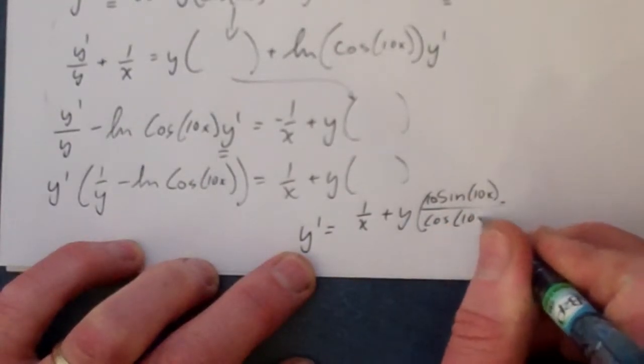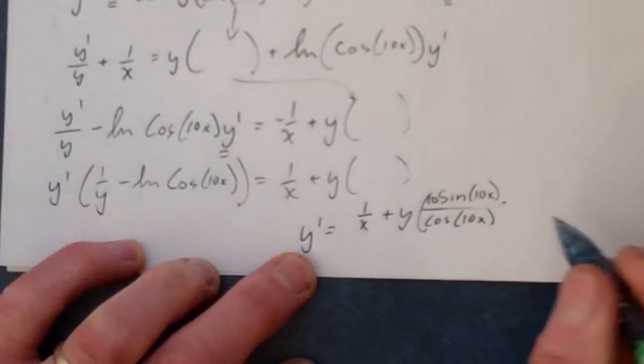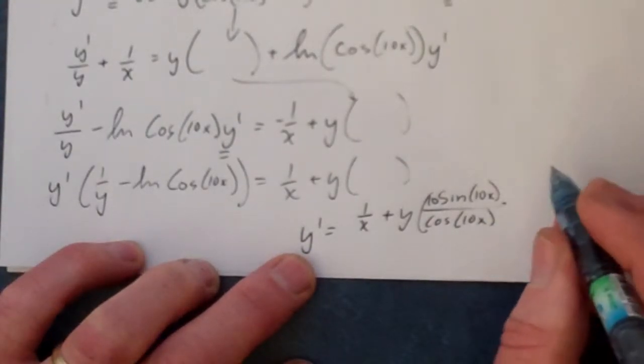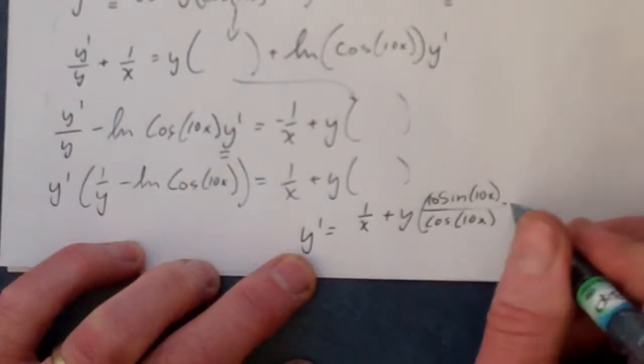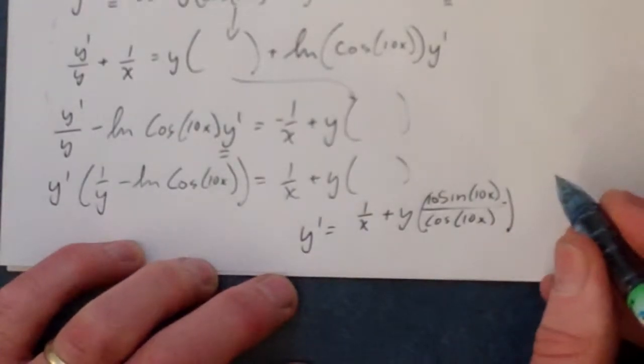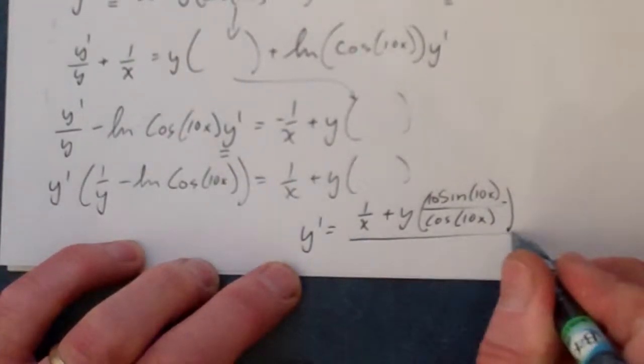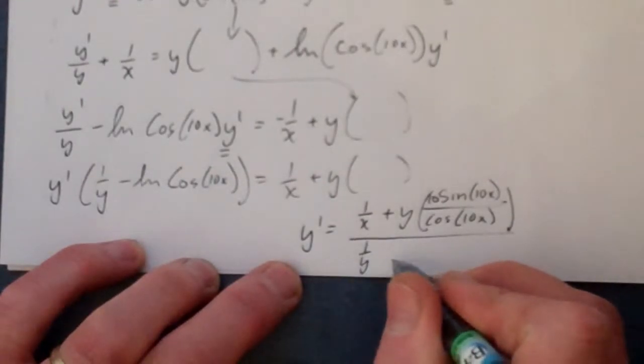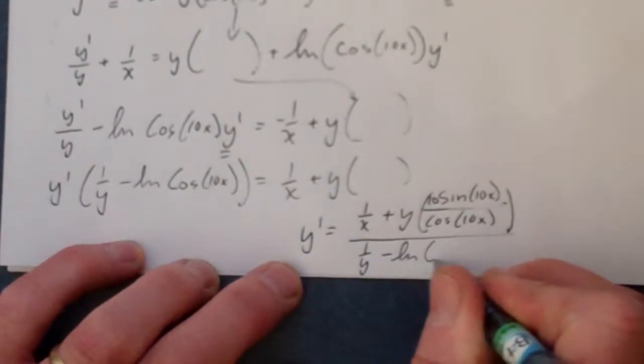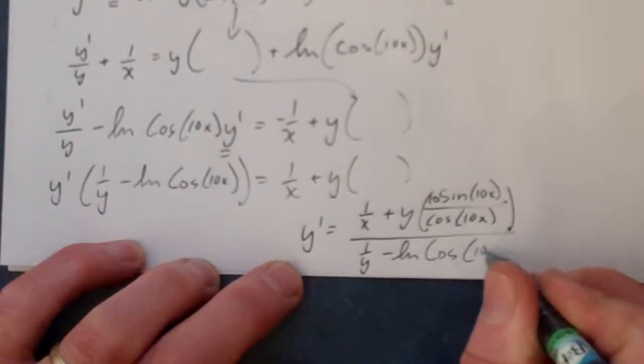I suppose you could write tan of 10x because it's sine 10x over cosine 10x. And then this whole thing divided by 1 over y minus ln cosine of 10x.